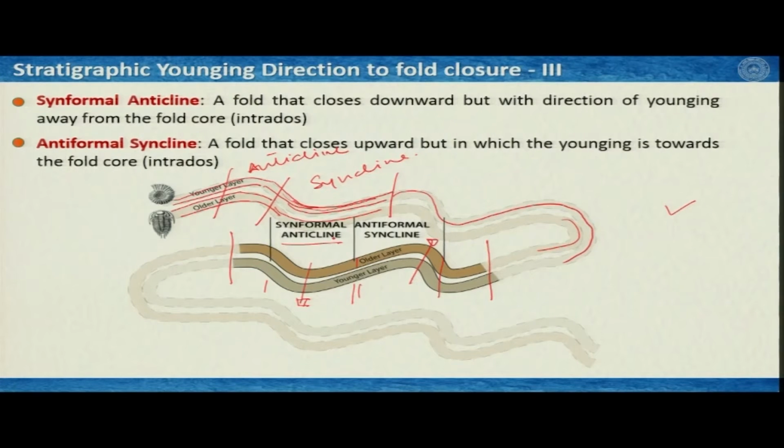Therefore, we name it a synformal anticline. And similarly, in this antiform, the younger layer is towards the fold core. So this is an antiformal syncline. So we learned a series of terminologies related to fold geometry and their stratigraphic younging directions: synform, antiform, syncline, anticline, synformal anticline, antiformal syncline, and anticlinorium and synclinorium.